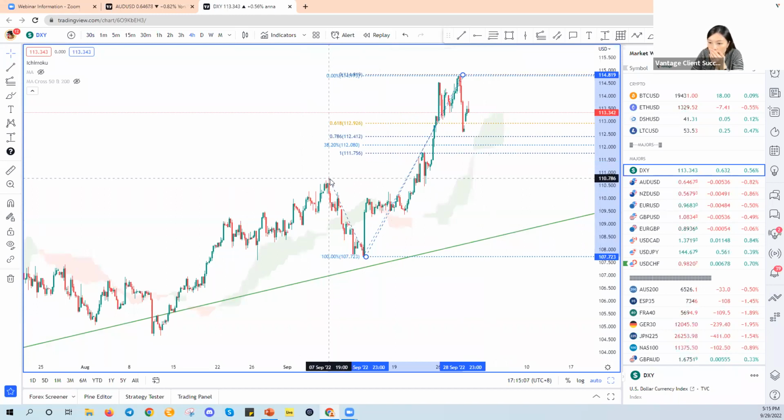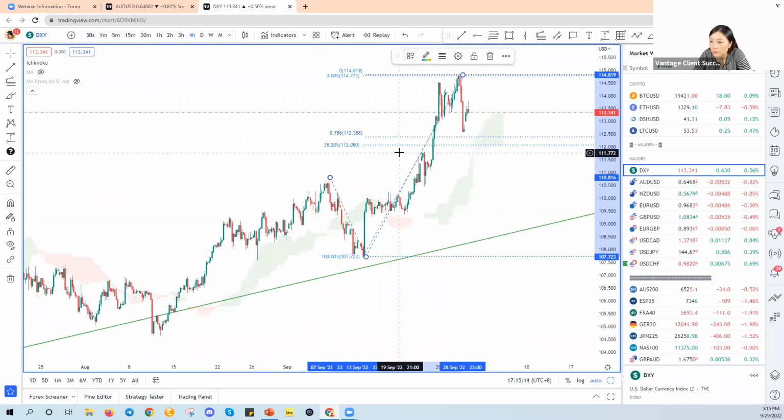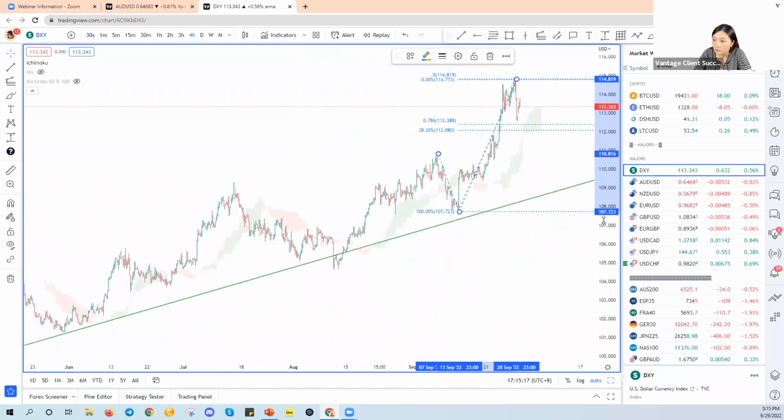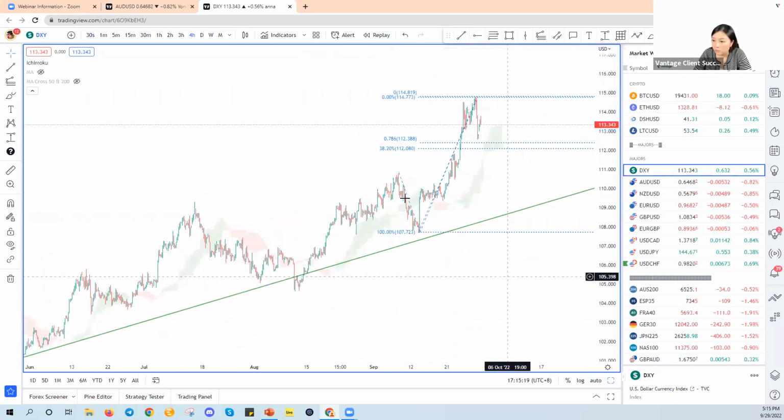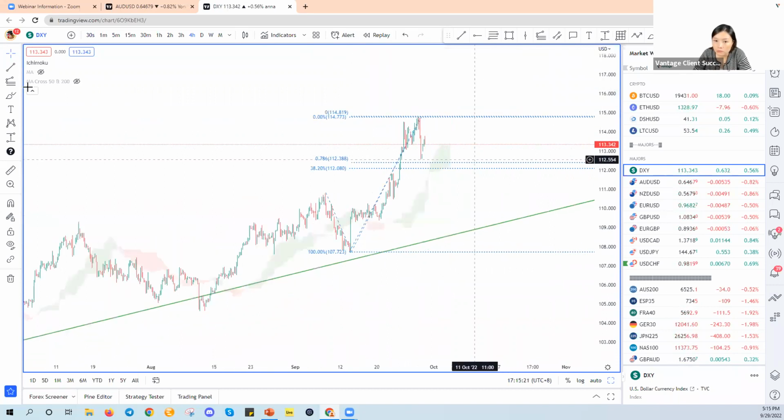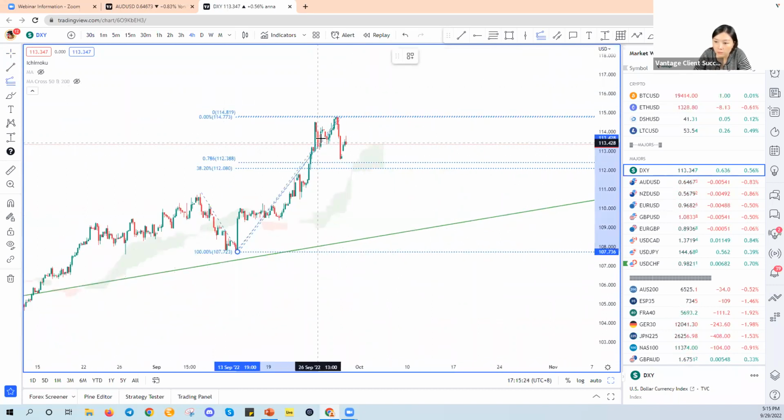Okay, so the DXY is actually at this level. It's currently testing my 78.6 as well as my 38.2 retracement. I'll just leave it there first. Let me just do a projection upward as well, so we know how far the DXY might project forward.